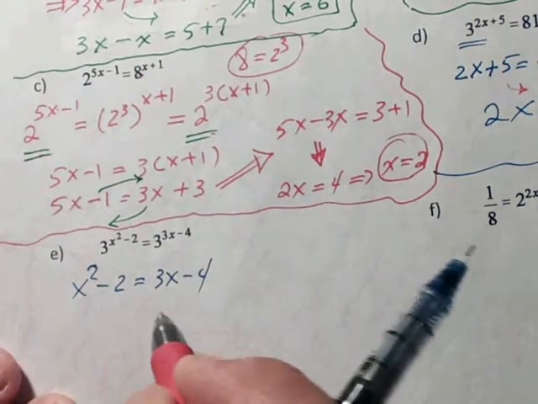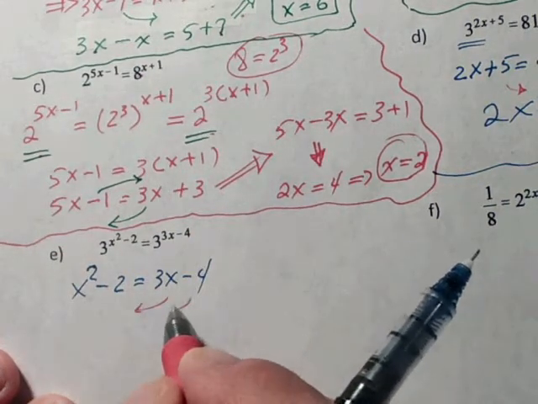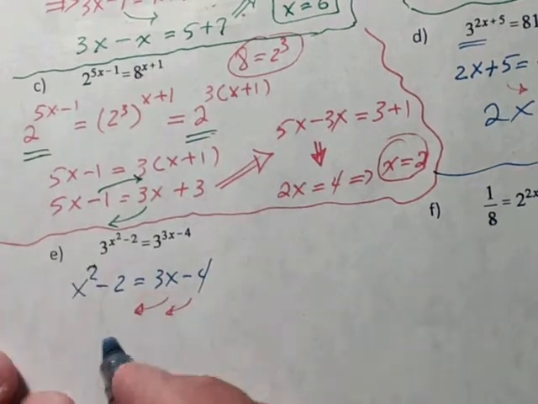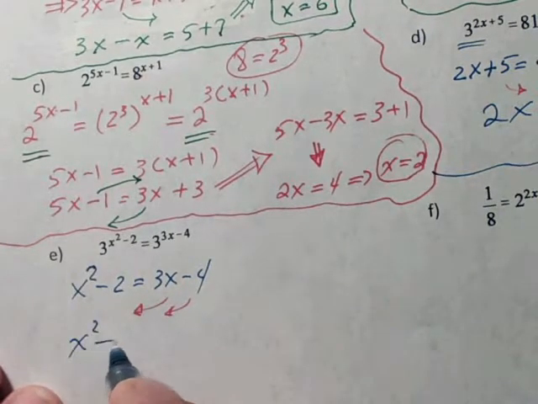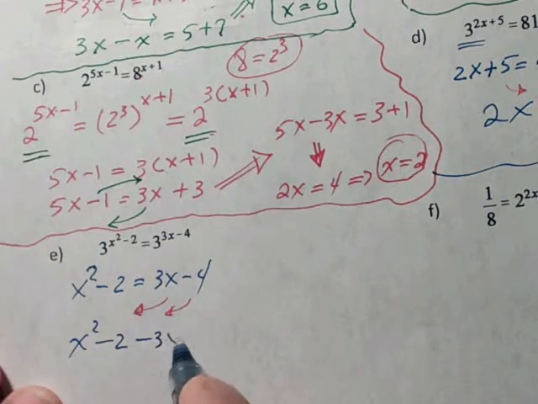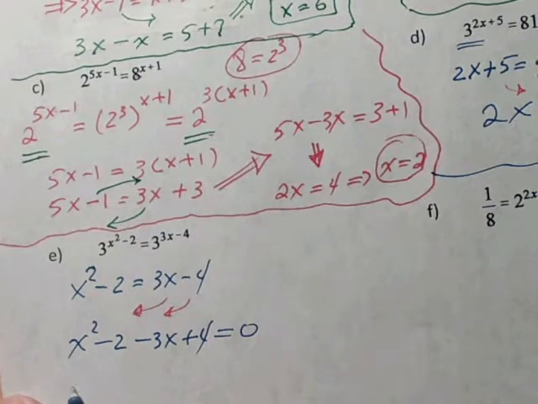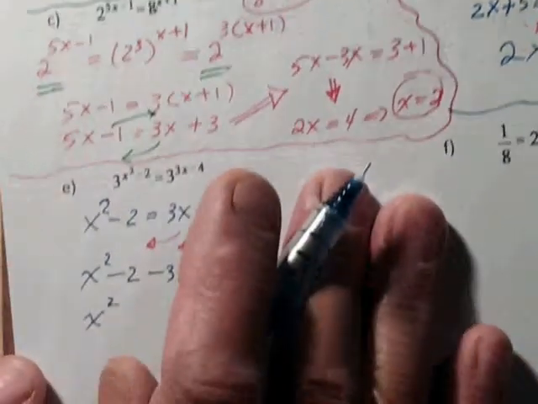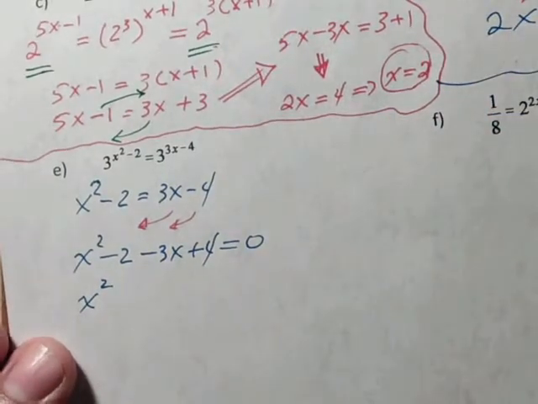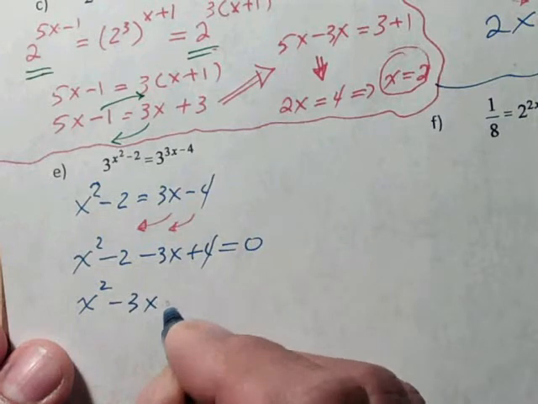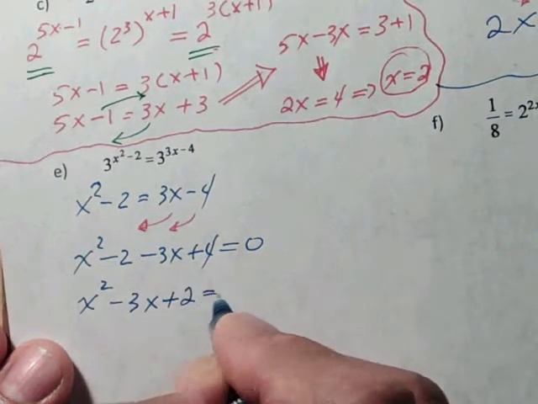So move everything to the left side and change the signs. Like so: x squared minus 2 minus 3x plus 4 equal to 0. Simplify one more time: x squared minus 3x plus 2 equal to 0.